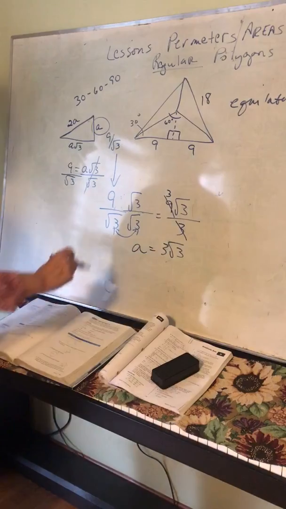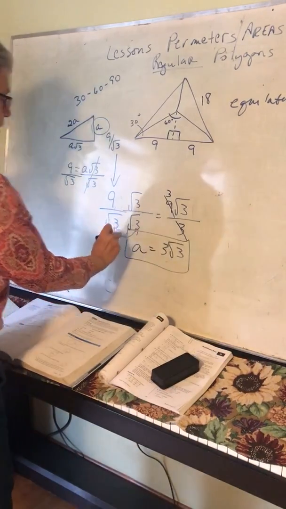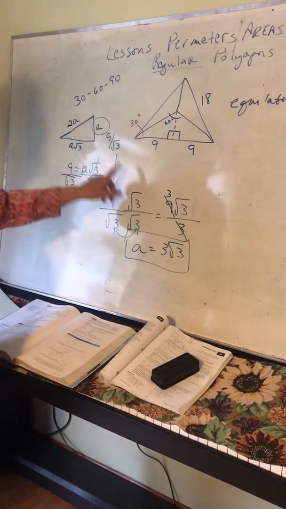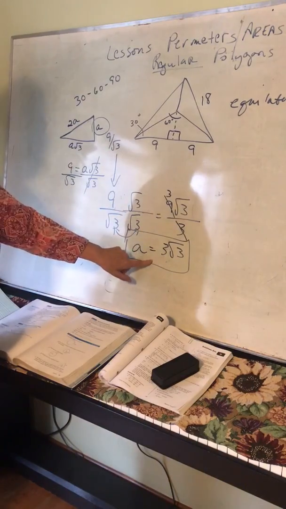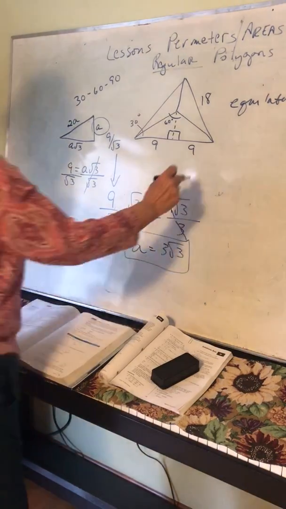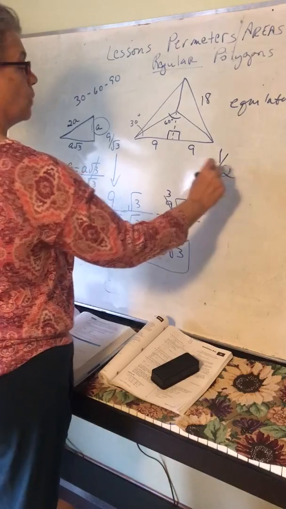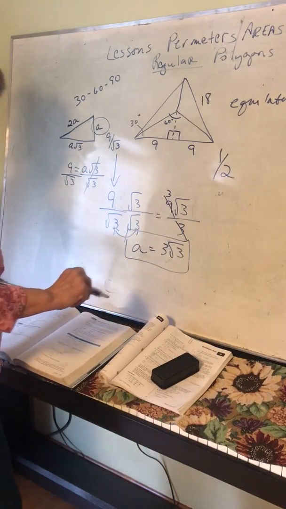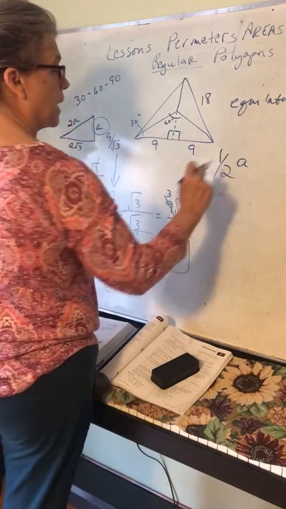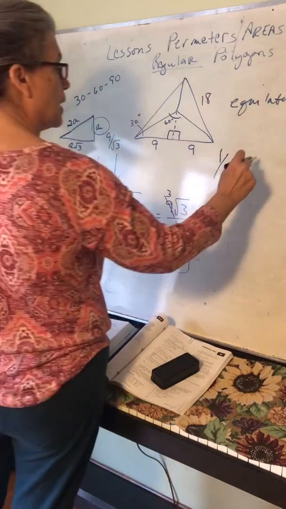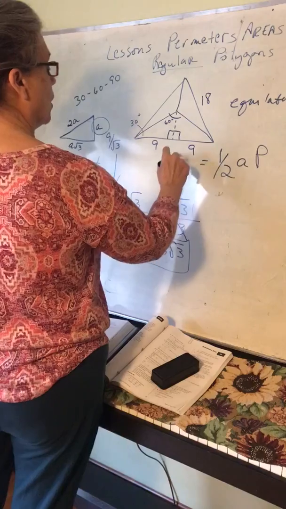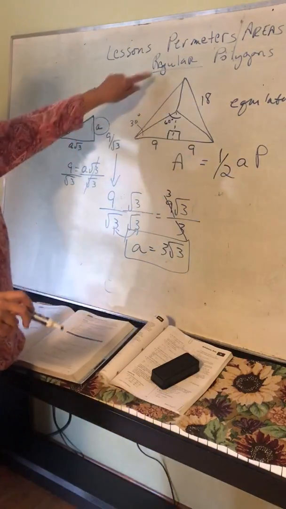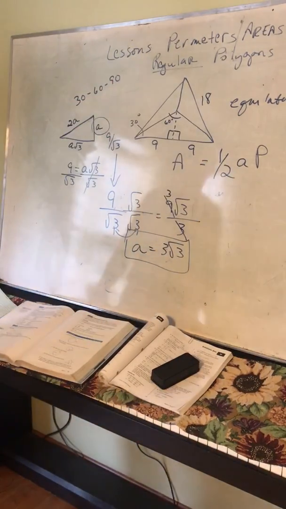Once we have the A, because you're going to have to use this format, you can't use this one. You have to use the correct format. Once we have A, we can take our formula, 1/2 times the apothem times the perimeter, for the area of this entire equilateral triangle.